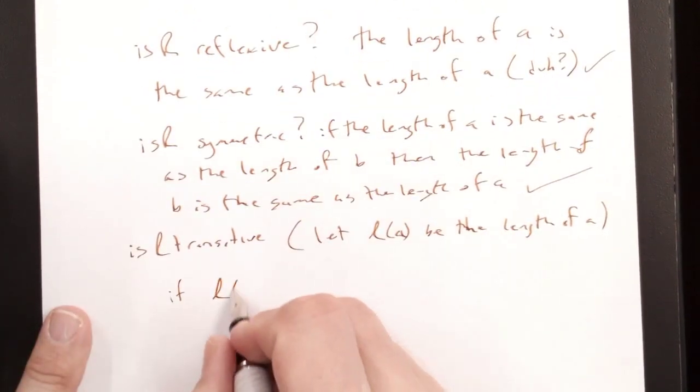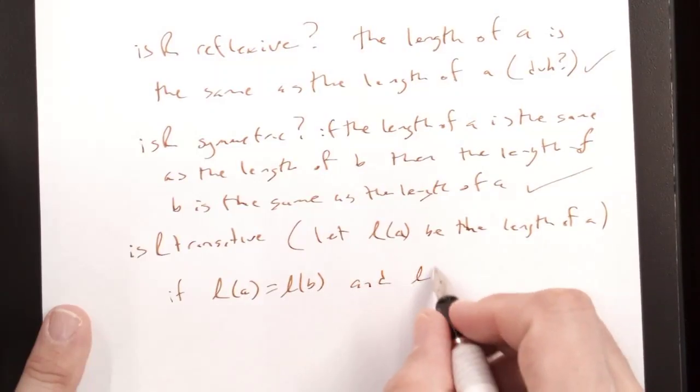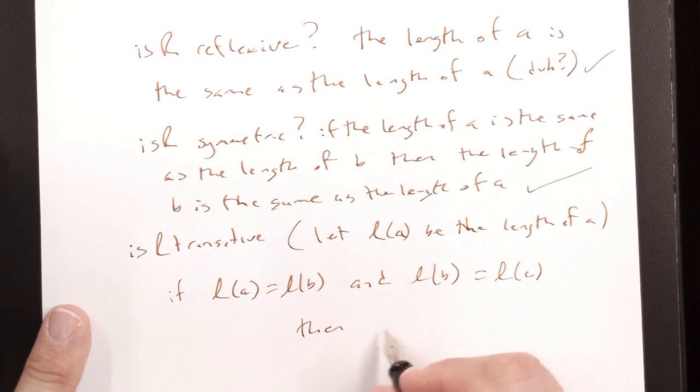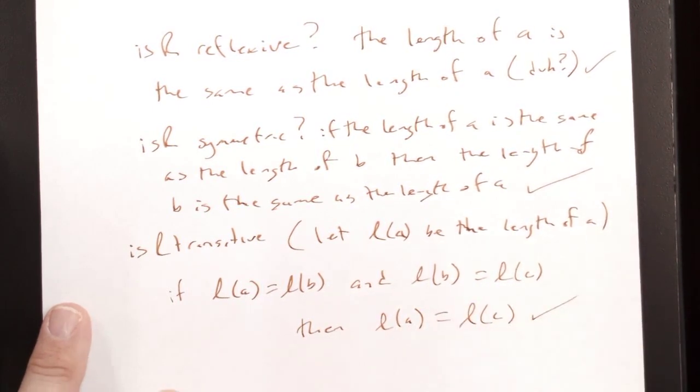If the length of A is equal to the length of B and the length of B is equal to the length of C, then, well, yeah, length of A is equal to the length of C. Exactly what we wanted. Okay.